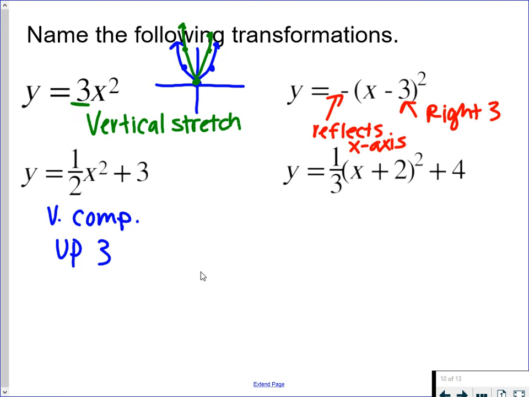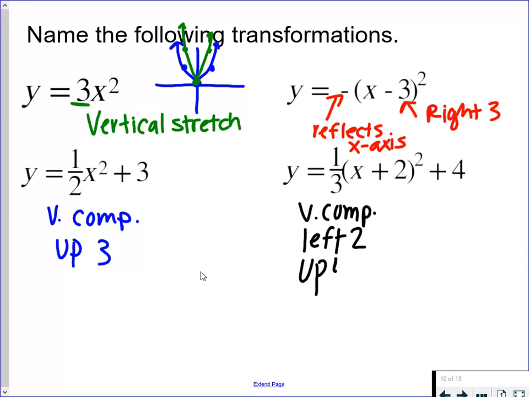All right. What about the last one over here? Okay. Vertical compression. It's gonna go left 2. And what else? Up 4.